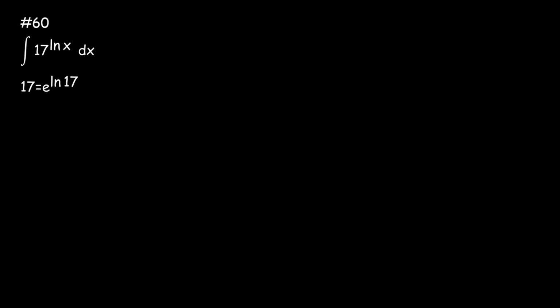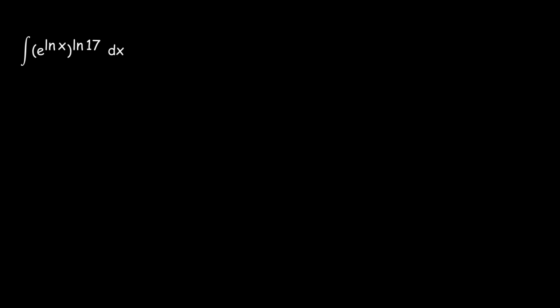Okay, now in this case, if we replace 17 with that value, you see that in the indices we have natural log of 17 times natural log of x. This would be interchanged just like this, so that ln of 17 goes outside because it's just a number, right? So we have now e to the power natural log of x times natural log of 17.